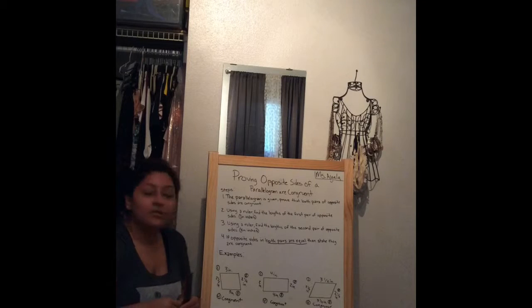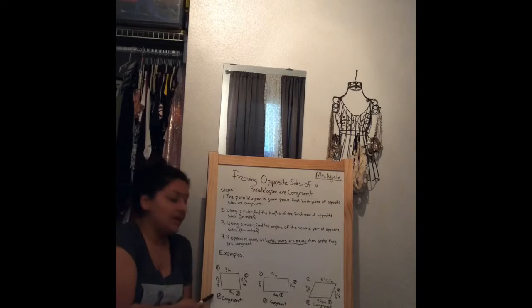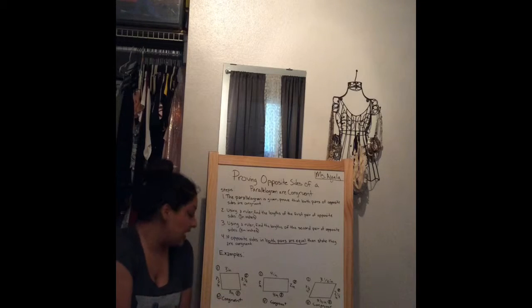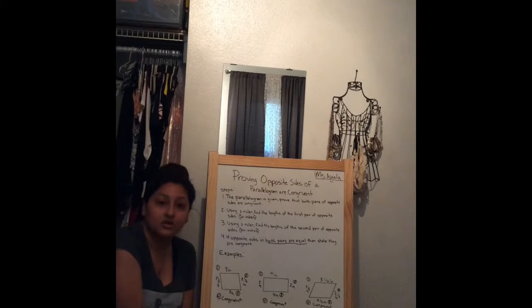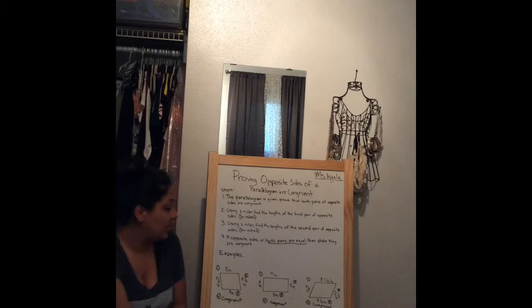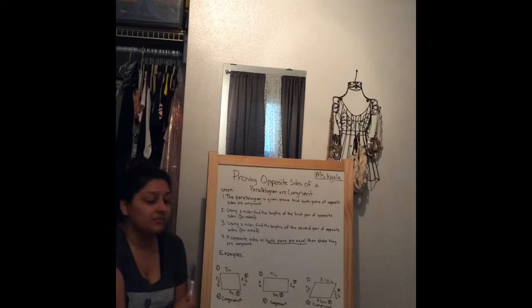So, those were our steps, 1 through 4, and then we did our 3 examples, and we proved that all 3 of our parallelograms are congruent. So when we look back at our vocabulary word, a parallelogram is a 4-sided flat shape made up of 2 pairs of straight lines that are equal in length.